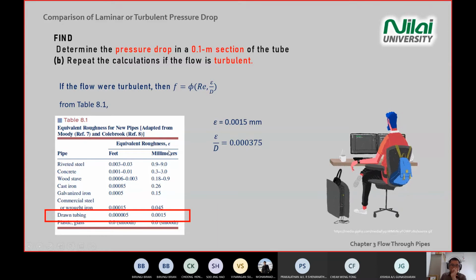So we do the calculation. We take equivalent roughness divided by diameter, and again this one is the internal diameter. Then we will get 0.000375. Our Reynolds number just now is 13700, or you convert to index format, because our Moody chart is in this format.